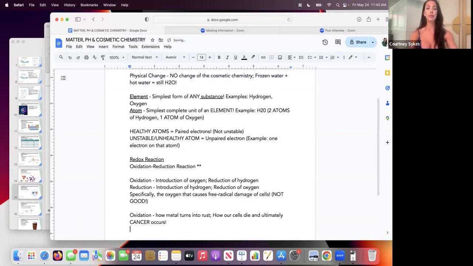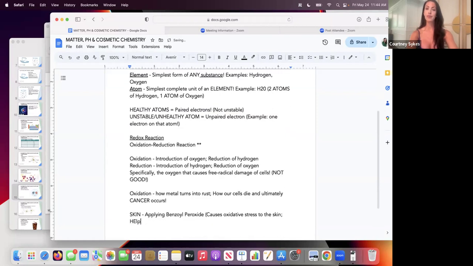So here's a good example of that. I teach a lot about the skin, of course. And so your skin, let's say you are applying something like benzoyl peroxide to the skin. Benzoyl peroxide causes oxidative stress to the skin, unfortunately, but it does, on the flip side, help with grade 3 and 4 acne by introducing oxygen into the pores to kill bacteria.